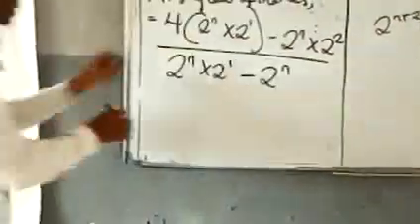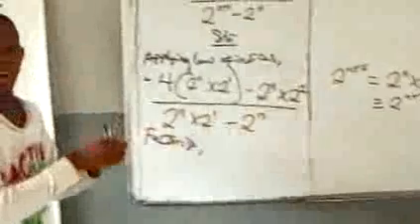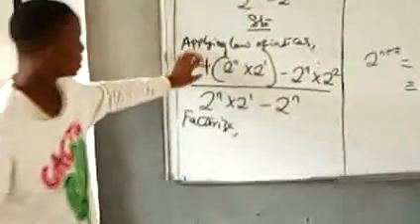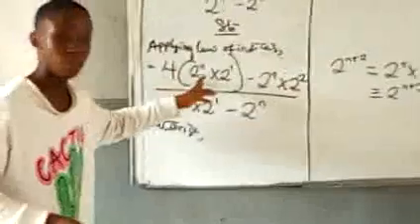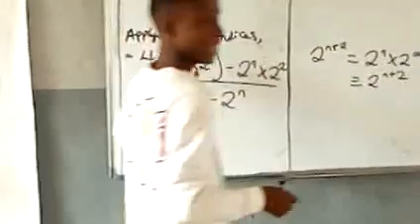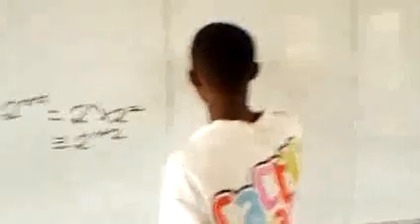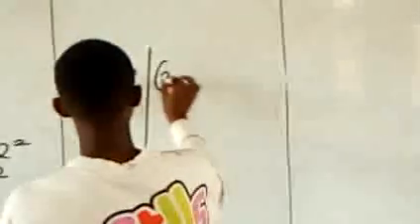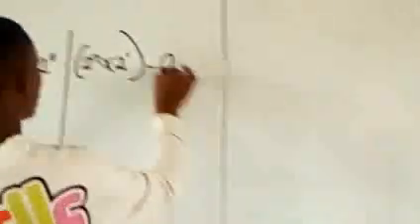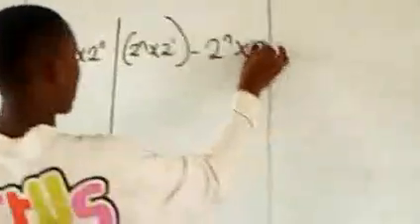Now, next step, you factorize. The common factor in the numerator is 4 and 2 raised to the power n. For example, 4 times 2 raised to the power n into 2 raised to the power n times 2 raised to the power 1 minus 2 raised to the power n times 2 raised to the power 2.